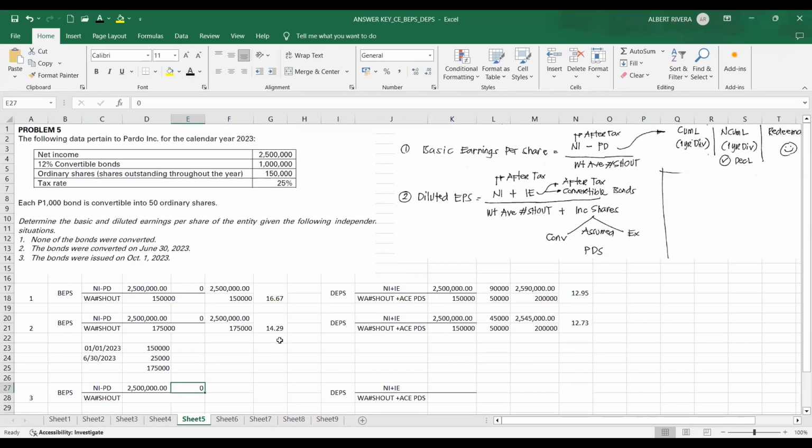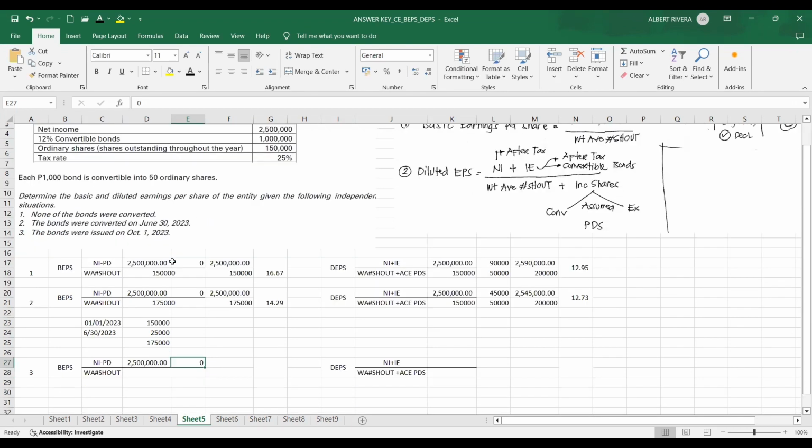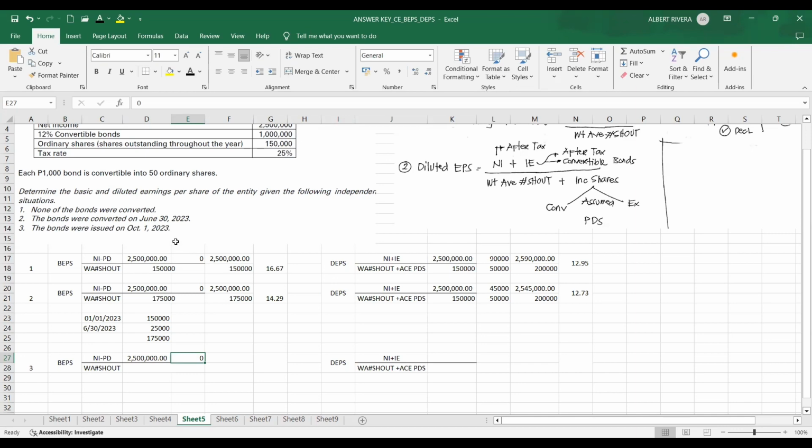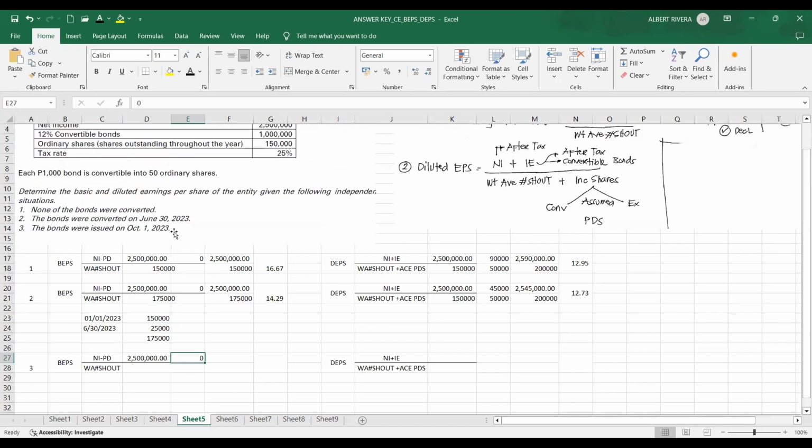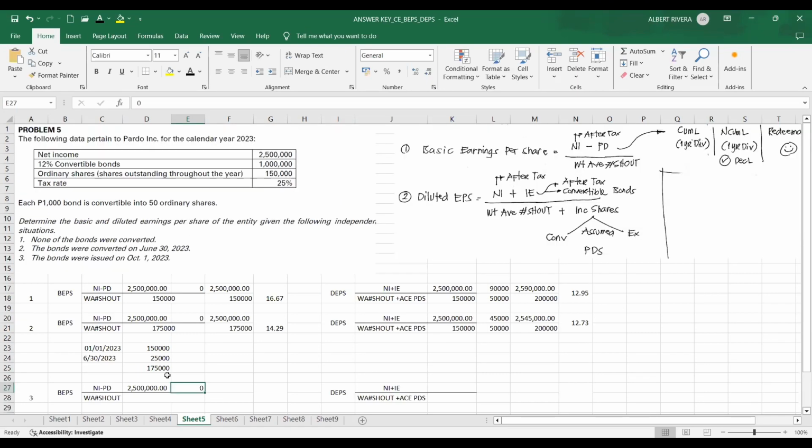Then, the bonds were issued October 1, 2023. So this is the time of issuance, but not the time of conversion. So there is no effect, because we're talking about the number of shares here of 150,000 which is outstanding from January 2023.